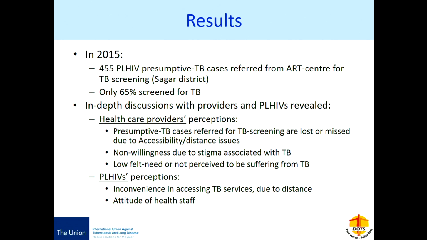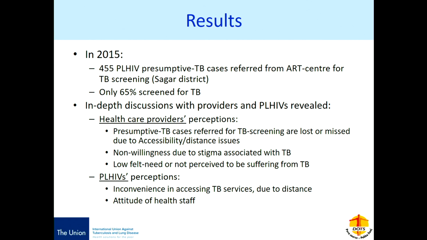Now coming to the results, in 2015, in Sagar district, 455 PLHIV presumptive TB cases were referred from the ART center for TB screening. However, out of these, only 65% have been screened for TB.